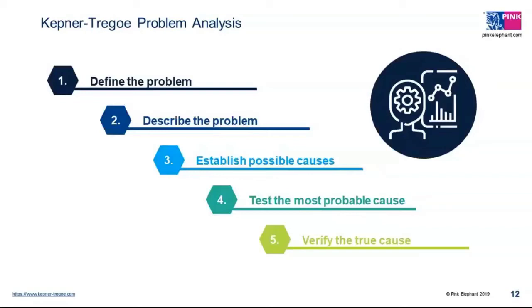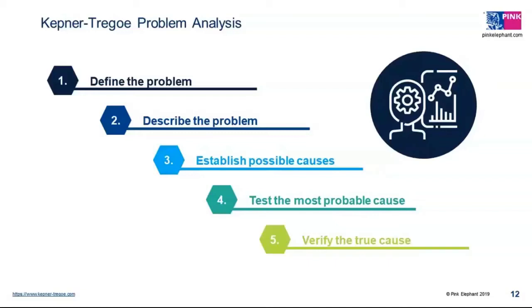Well, everything I've talked about up to this point has been following along this same line. In Kepner-Tregoe, once you've established those possible causes, then the team will decide what's the most probable cause. And once we've identified what we believe as the most probable cause, we have to go in and test it.